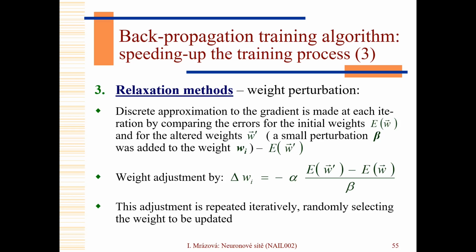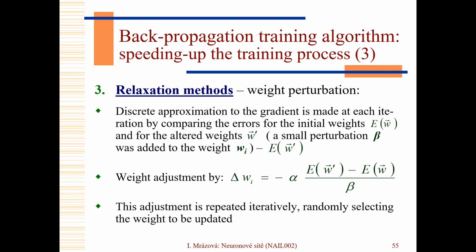The change of the weights, the step beta that is taken from W to W prime, is done by adding a small value beta to the particular weight Wi or to all the weights.